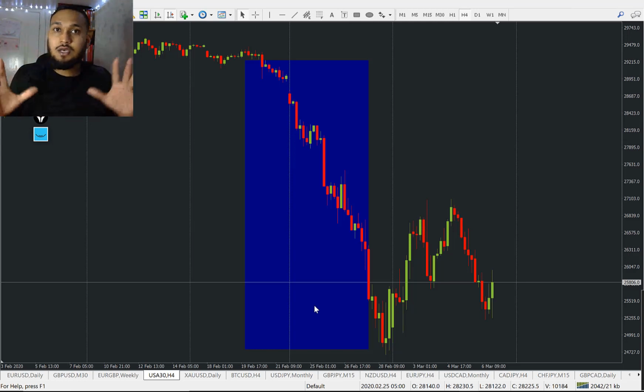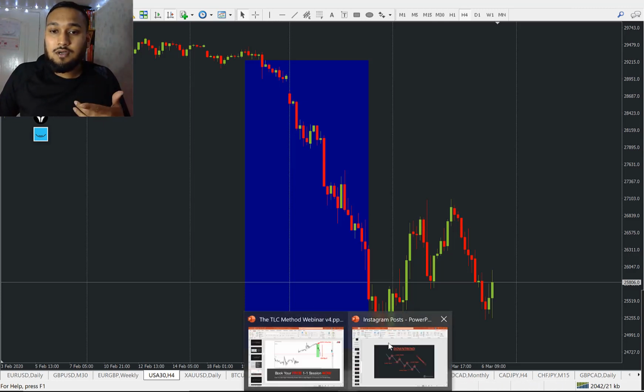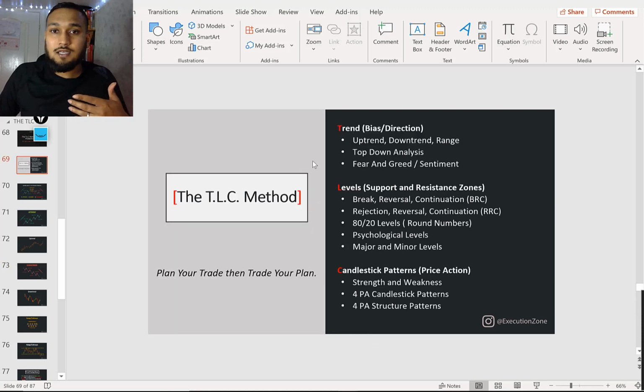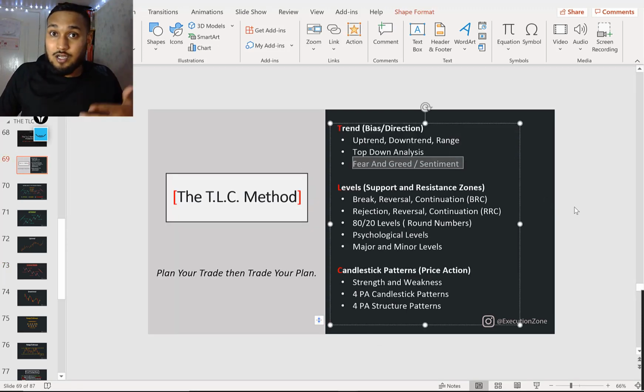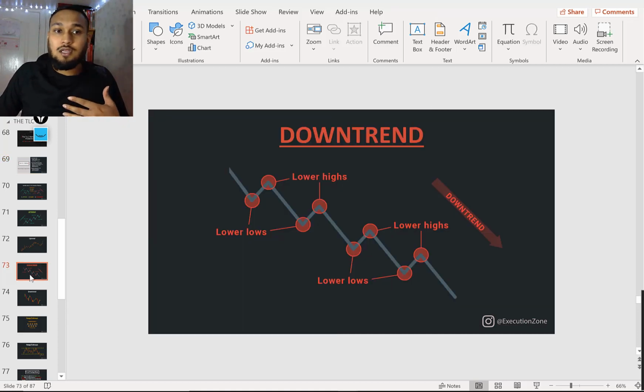Right now we're just looking at the patterns that occur in this oscillation, and later on, as we go further into these slides, we're going to cover fear and greed and sentiment. This is really going to help you make more sense of these peaks and valleys, these higher highs and higher lows, or in a downtrend, lower lows and lower highs.